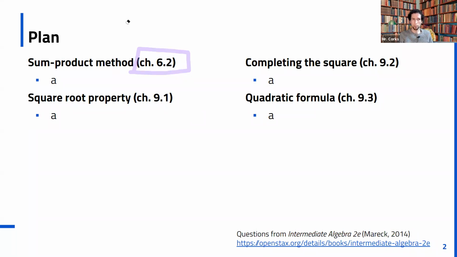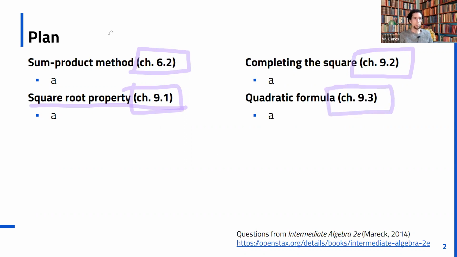If you can take a direct square root, then that's using the square root property. Chapter 9.1 has a bunch of those. If you have all three terms, 9.2 has completing the square and a bunch of examples. And chapter 9.3, which I mentioned, is actually just completing the square, a formula version of it, because that's where the formula comes from.